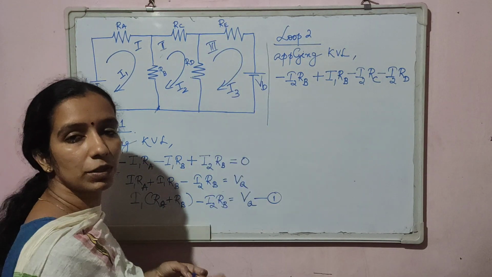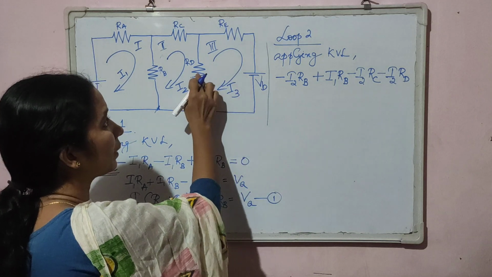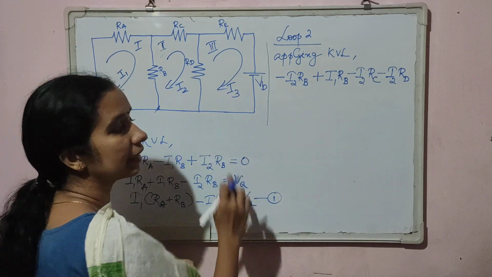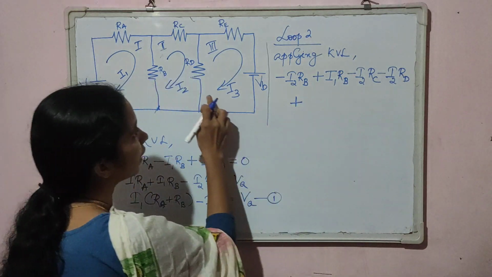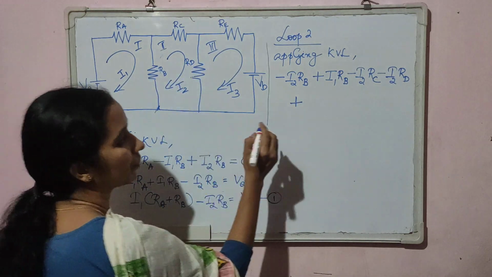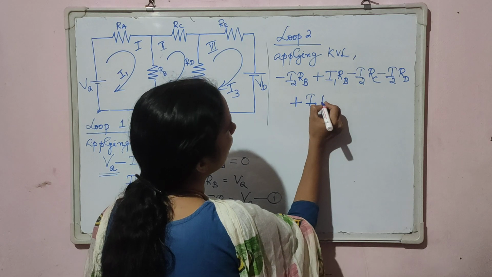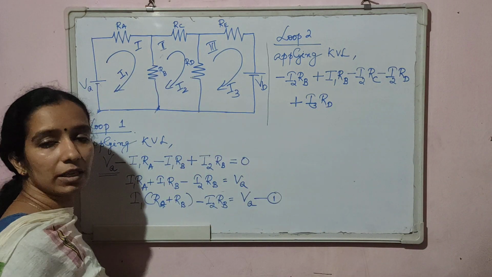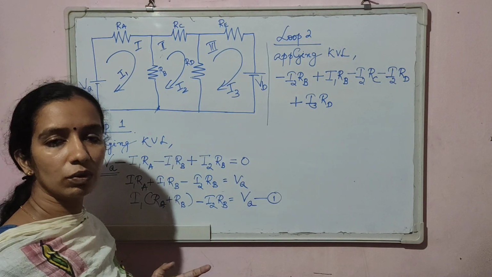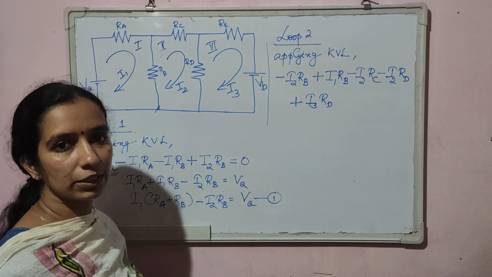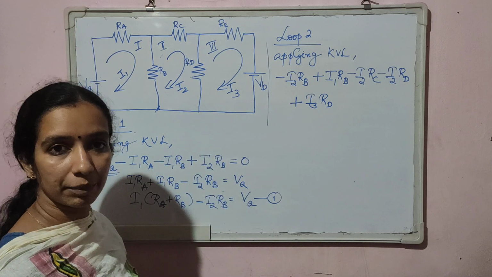So voltage drop across RD due to I3 will be positive, so plus I3 into RD. So we have considered all the voltage drops. In loop 2 there are no EMF, there are no voltage sources there.